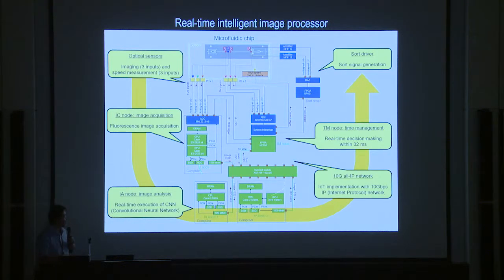Everything is connected on the 10G all IP network. IP is the internet protocol to speed up the communication between the different FPGAs and CPUs. Everything is done within 32 milliseconds, and the decision signal is sent to the sorter module.